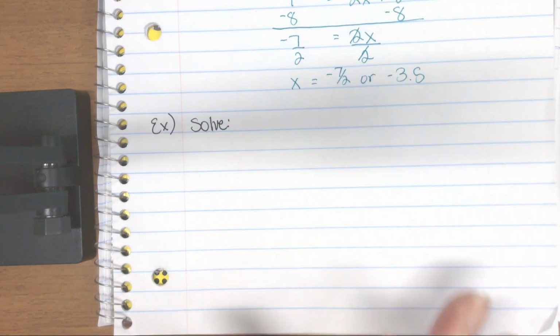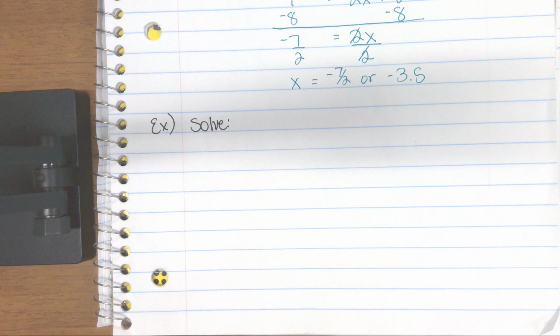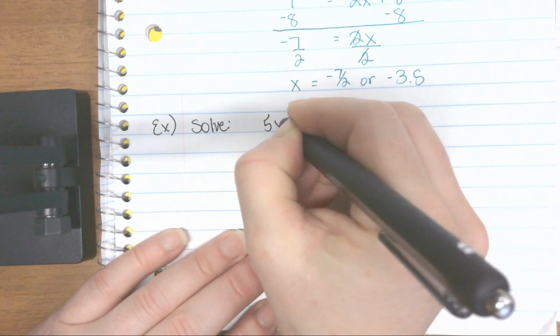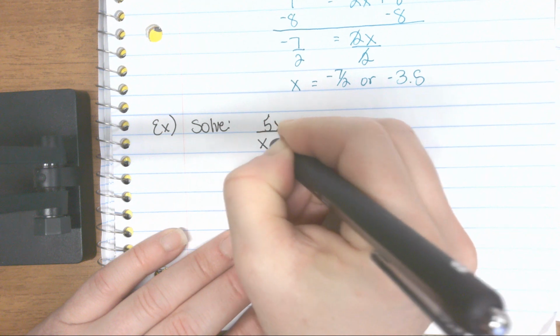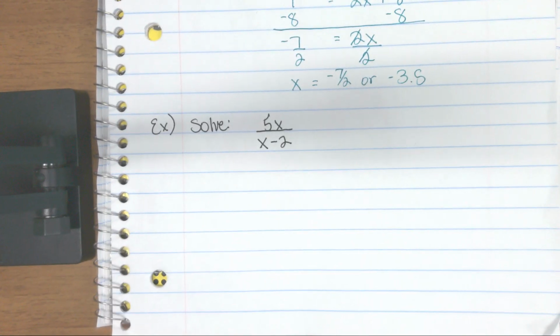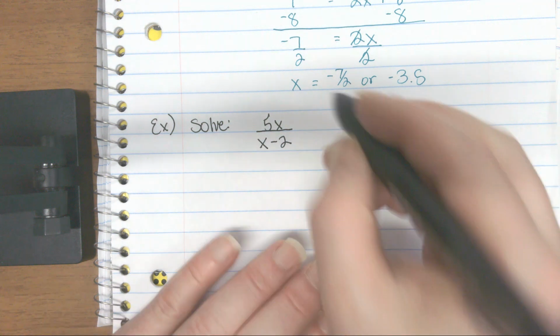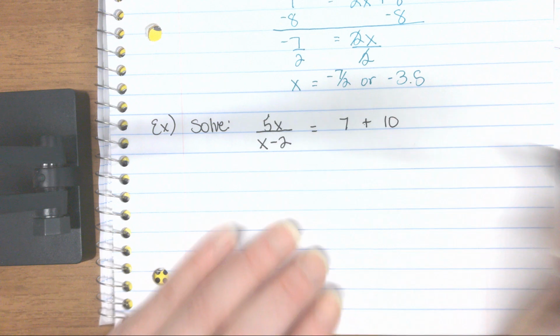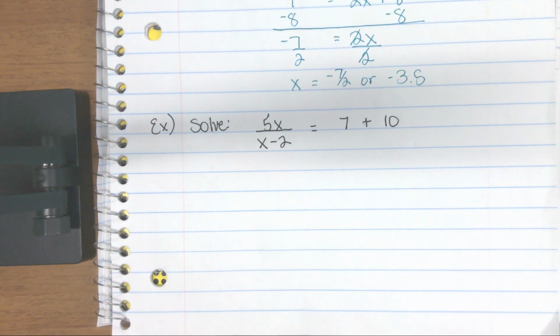Okay, so for this one, I'm going to have 5x over x minus 2 equals 7 plus 10 over x minus 2.